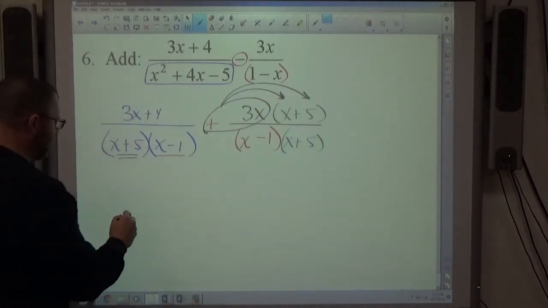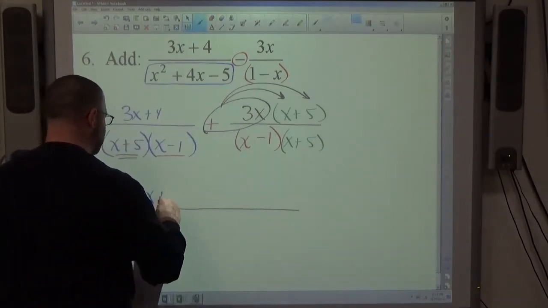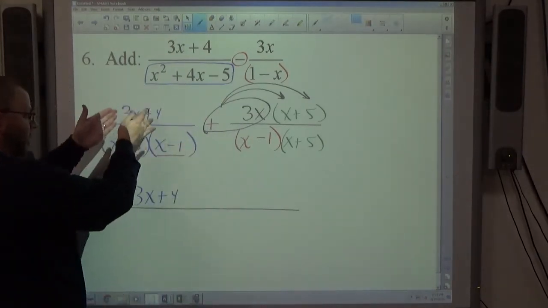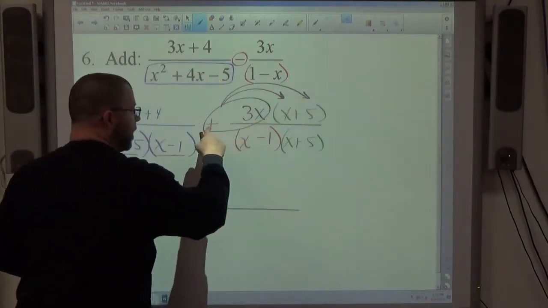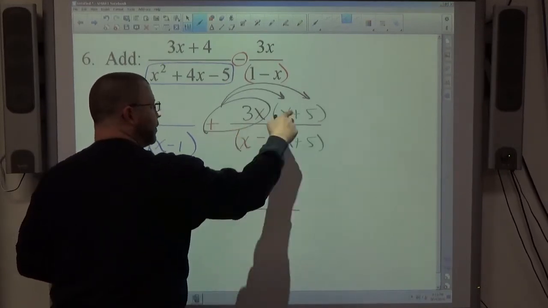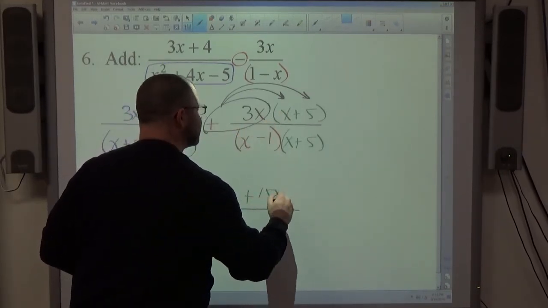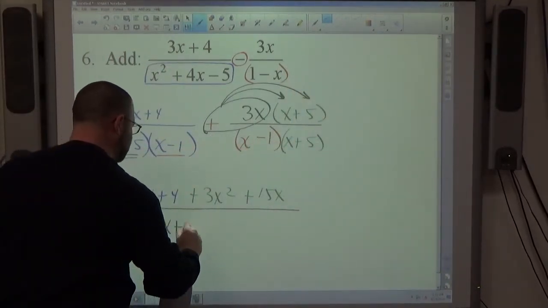So the top of the blue fraction is going to remain 3x plus 4, because nothing happened to its denominator, nothing happens to its numerator. The top of this other fraction, I'll do it in green, is going to be plus 3x times x, that's plus 3x squared, plus 3x times 5, that's plus 15x. And the common denominator of these two fractions is simply x plus 5 times x minus 1.